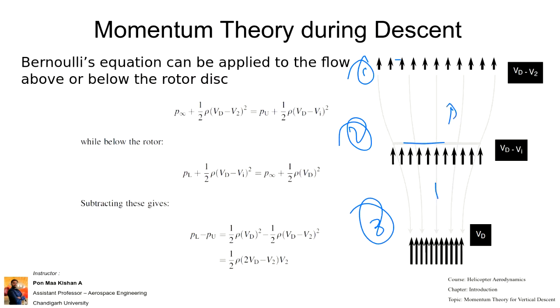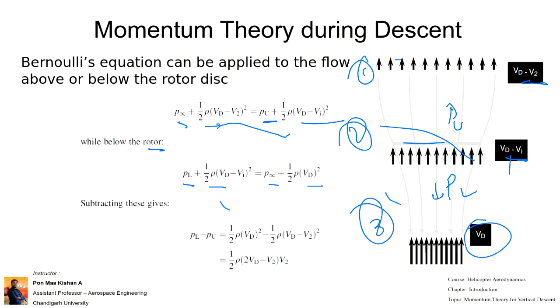P infinity plus half rho (Vd minus V2) square is equal to the pressure above, PU plus half rho Vd square. At the lower rotor, it is PL plus half rho (Vd minus VL) whole square, equal to P infinity plus half rho Vd square, where the descent velocity is Vd.